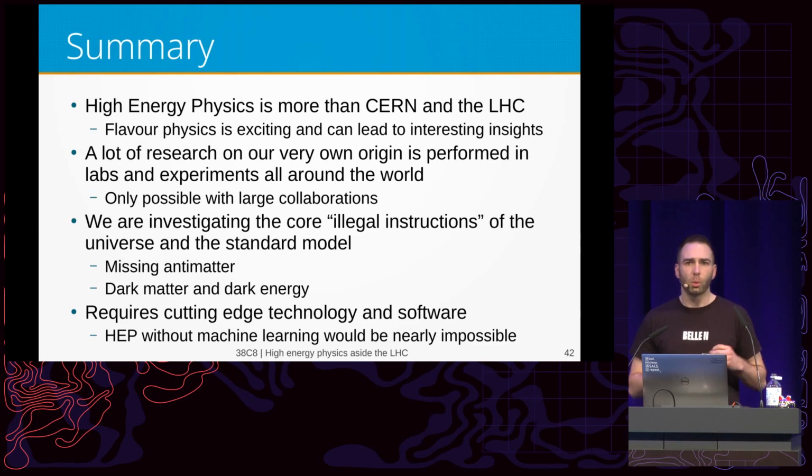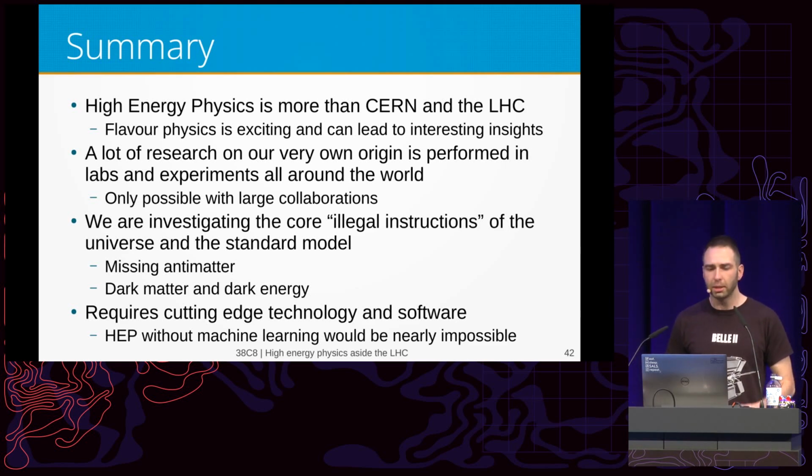So to summarize, high-energy physics is really way more than CERN and the LHC experiments. Flavor physics is exciting and can really lead to interesting insights that can benefit all of us. And a lot of research on where we actually come from is not only done at the LHC, but also on the smaller experiments around the world.